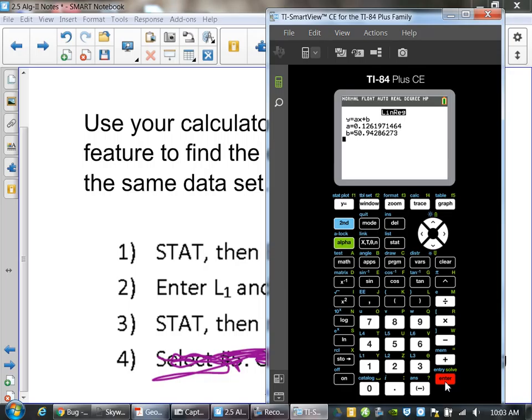Did it do it? So now this is telling us that our equation has a slope of 0.126. What did we say our slope was earlier when we did it by hand? It was 11 over 75? We said our slope was 0.146. It's close-ish.